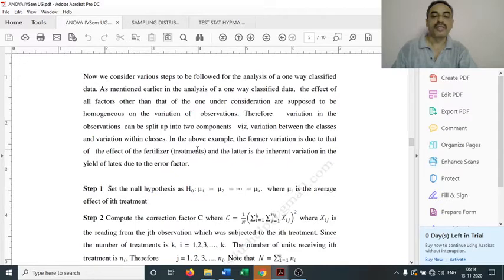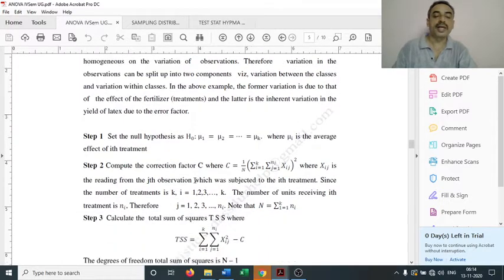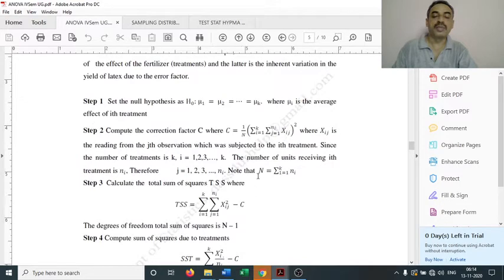Now we have a step-by-step procedure for doing the ANOVA for H0: mu1 equals mu2 equals etc. mu k. As I told you, we are not going into the various sums of squares and the like, because we have only a step-by-step procedure here.